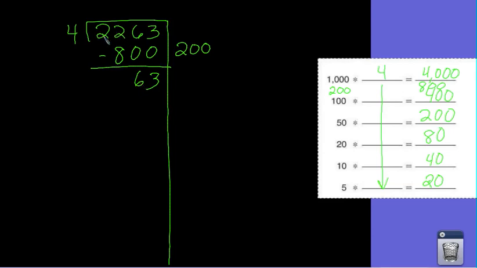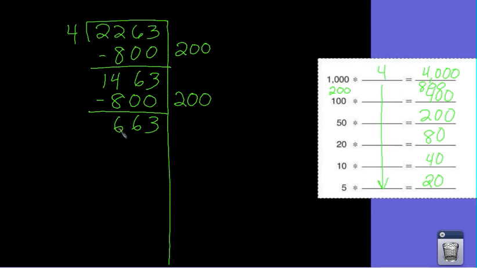As I look at this problem, I'm thinking 22 minus 8. If 12 minus 8 is 4, 22 minus 8 would be 14. And I can use this one again. 14 minus 8 is 6.